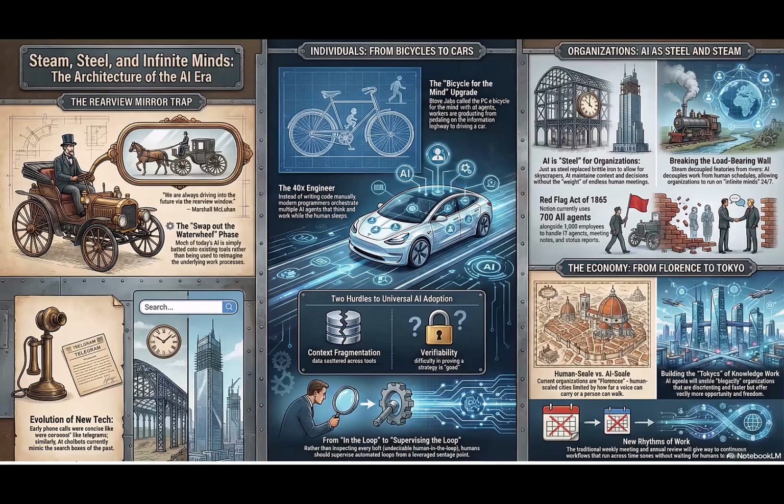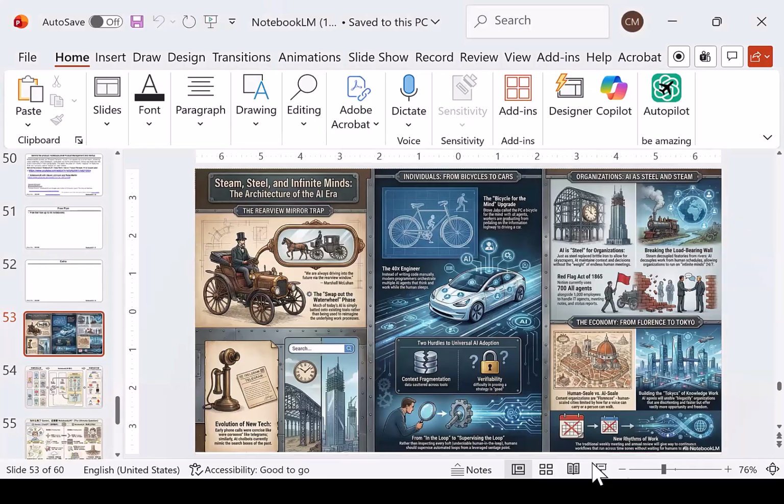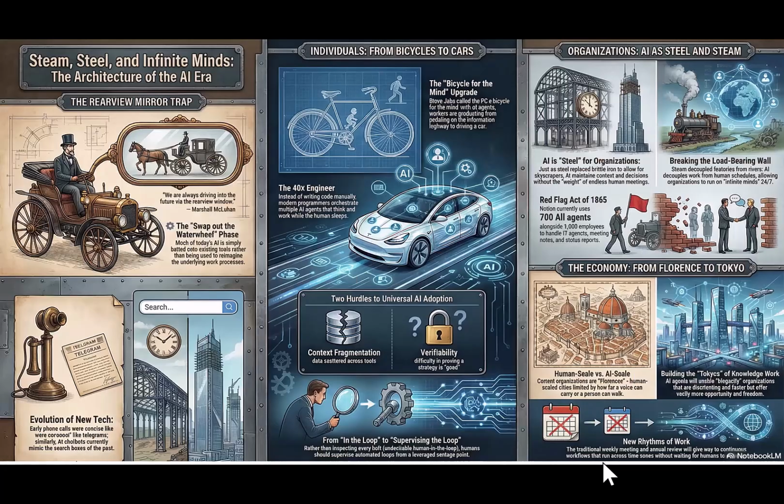I was reading an article. I will share that with you. It's a little bit philosophical, going back to the history and talking about the impact of this technology. We need to think differently in terms of society and the business world.